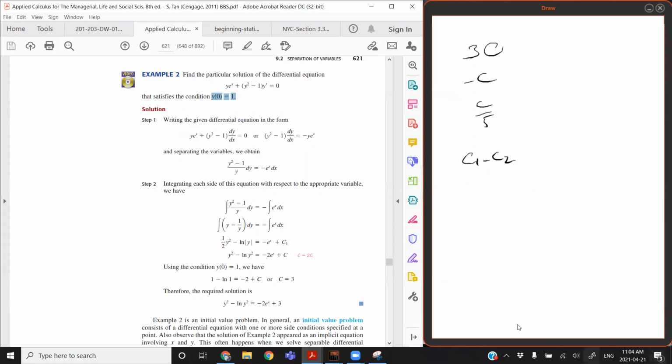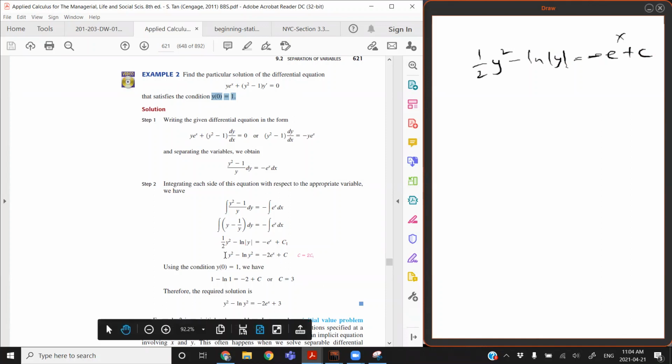Okay, so in this equation that we found, 1/2 y squared minus ln of absolute value of y equals negative e to x plus c, we're going to plug in the point (0, 1) to find what c is.